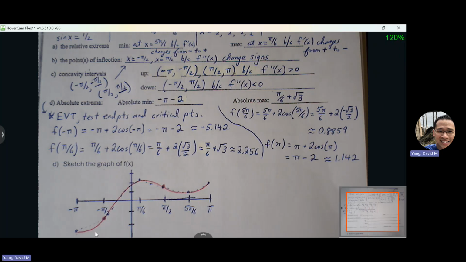If you have some space to the right of your graph, let's go ahead and practice our derivative rules. These are the only major three, right?